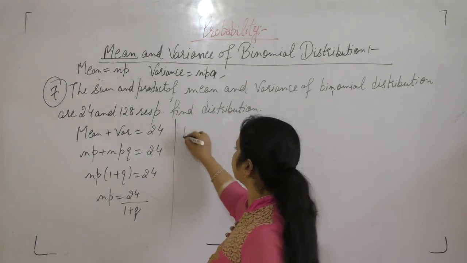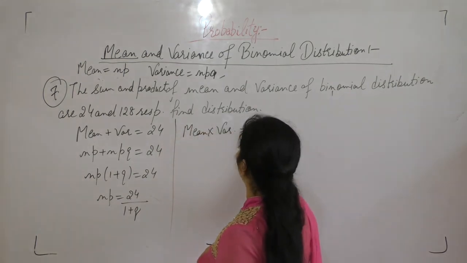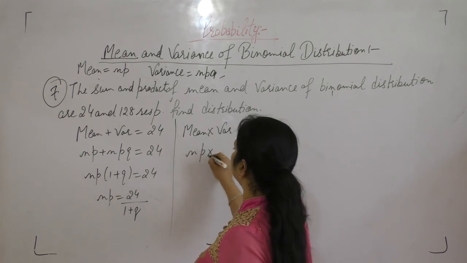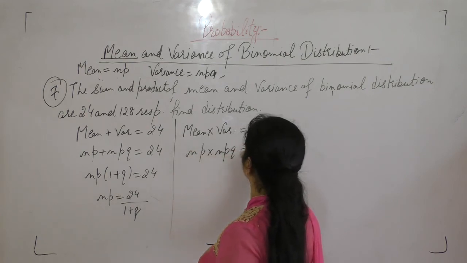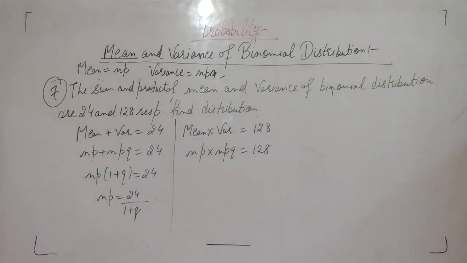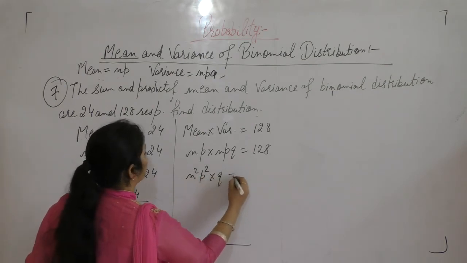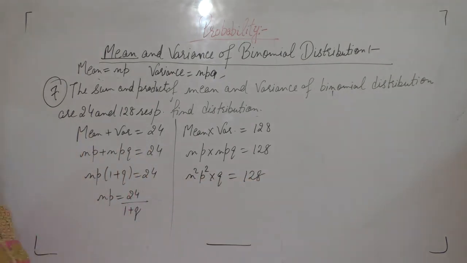Now the product is given: mean into variance has value 128. NP into NPQ is 128. So N square P square into Q is 128.